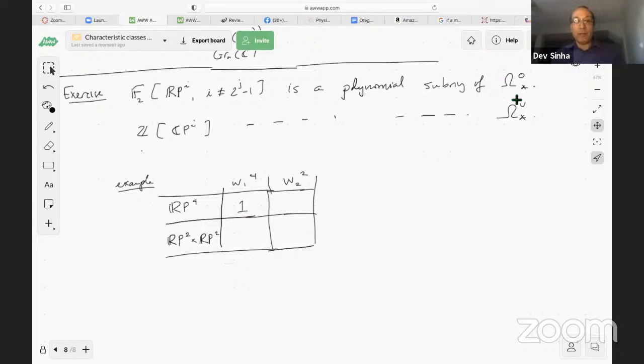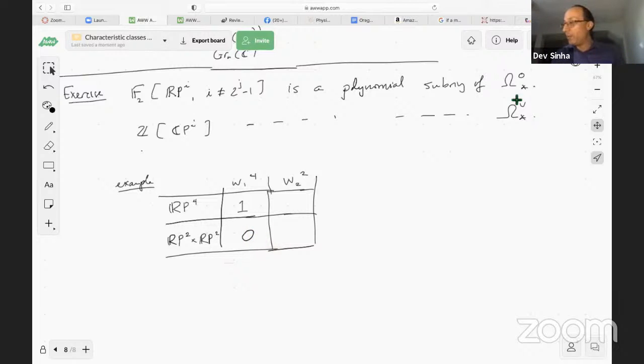Whereas for W1 of the other one, the point is that W1 to the 4th, say it is X1 plus X2, but if I raise those to the 4th, I get all even numbers for my coefficients. I also get powers of things greater than 2. And so I get 0 here.